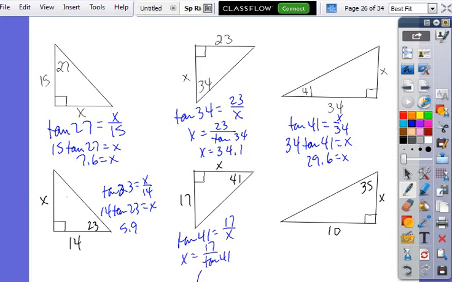Get point what? 5. And then tangent of 35. Thought it was 19.6. Was it 19.6? All right, so 19.6. Divide on this last one. 10 divided by tangent 35.